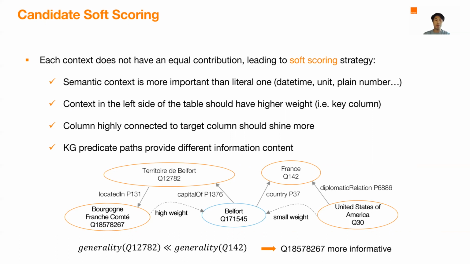Finally, in the graph of the target entity, predicate paths provide different information content. As shown in the figure, the path from Band 4 to Foregone From Context is much more informative than the path from Band 4 to another site. We rely on the generality of intermediate nodes along the path to measure the information content of a predicate path.